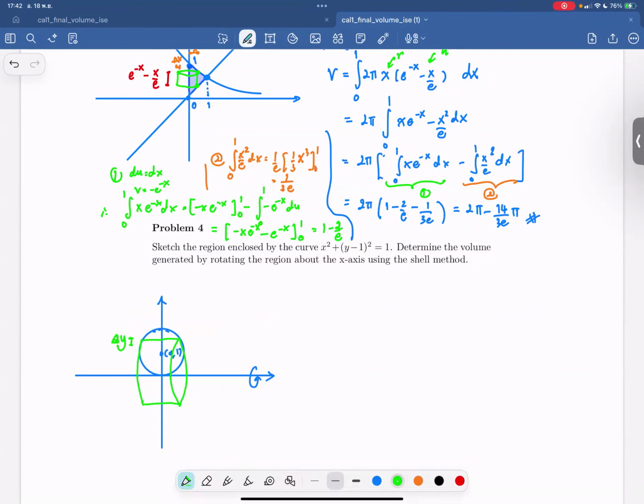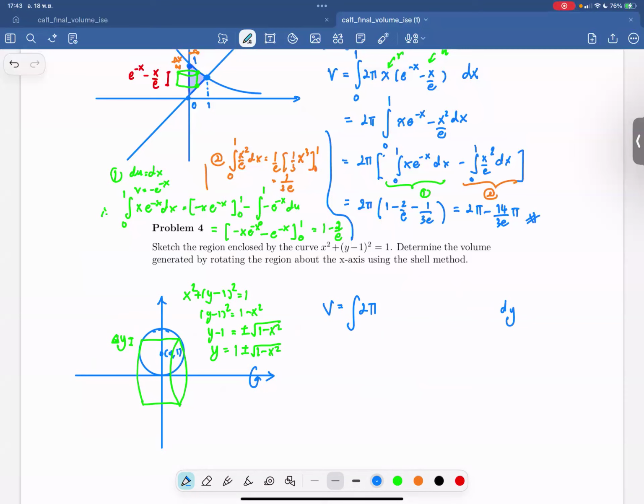So we need the function to be in terms of y. x squared plus (y minus 1) squared equals 1, so (y minus 1) squared equals 1 minus x squared, and y equals 1 plus or minus the square root of 1 minus x squared. So the volume integral is the integral of 2 pi times the radius and the height, with respect to the variable y.